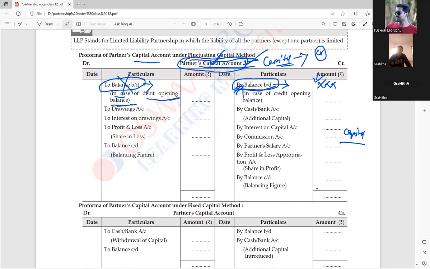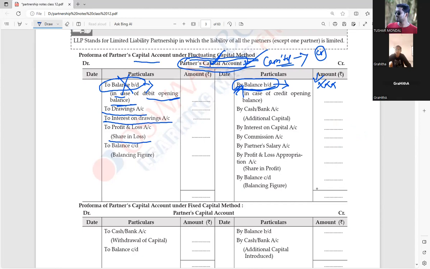If you withdraw your capital, that is known as drawings for personal use. So drawings will come on the opposite side, that is 'to drawings', as well as interest on drawings, which is an expense for the partners, as well as any other losses of the partners, which also come to our debit side only.